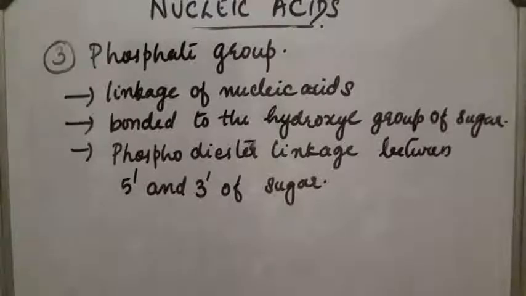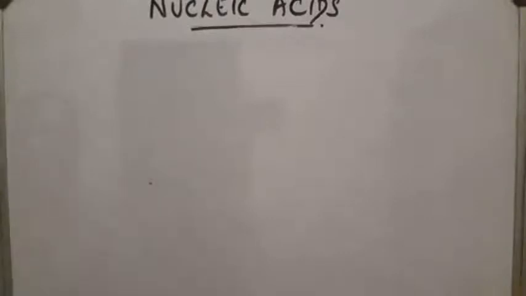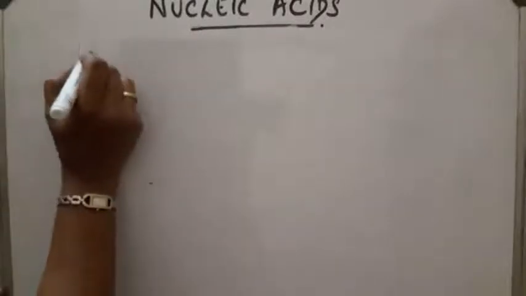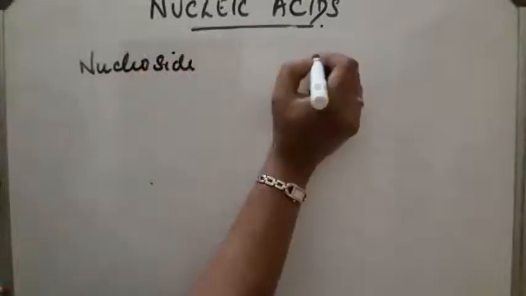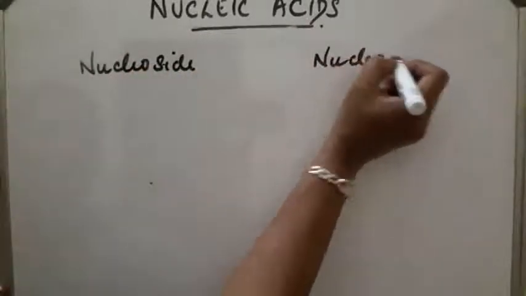Let us take one example, the formation of a dinucleotide. Before explaining the nucleic acid structure, we have to know about the units nucleoside and nucleotide.